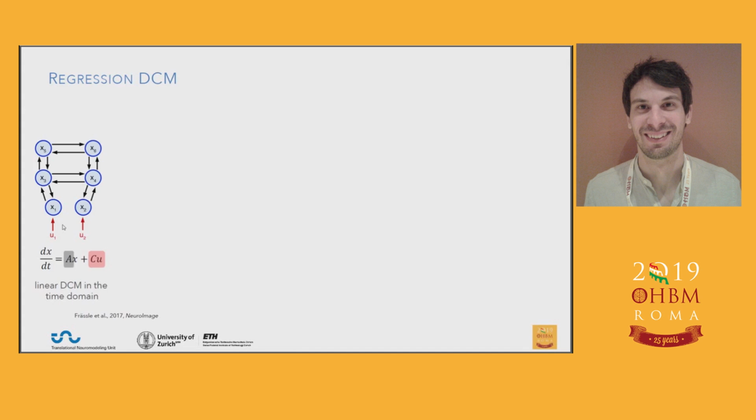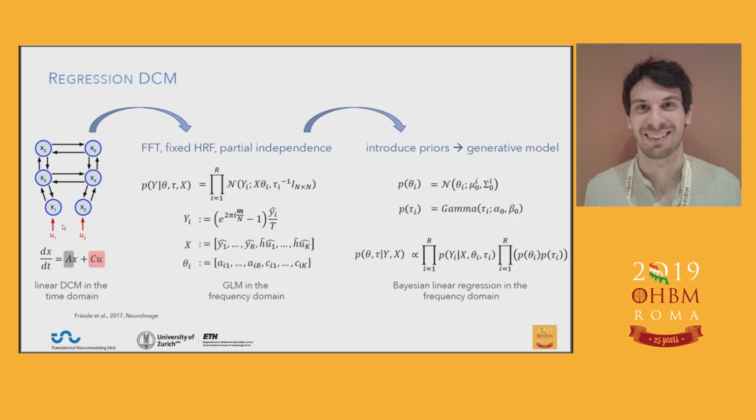We now take this linear DCM from the time domain and bring it into the frequency domain using the Fourier transformation. And under additional simplifying assumptions and modifications of the model, and by using suitable priors, we basically end up on the right side with a Bayesian linear regression-like model in the frequency domain. And the nice thing about a Bayesian linear regression model is that you can solve them very, very efficiently. And that allows us to potentially scale up the networks to very large sizes.